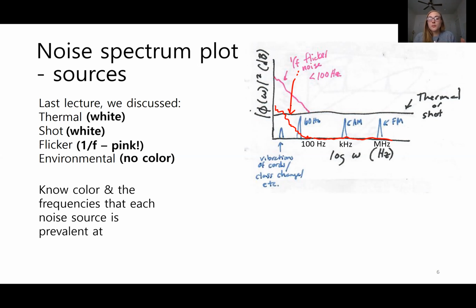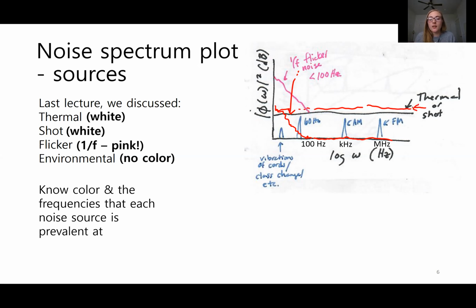So this would be each individual noise plotted on this frequency plot, but then what we can do is add these noise sources together. If you were doing a measurement over this entire frequency range, from 0 hertz to the megahertz range, you can add all these contributions together. You can also say there's a line for shot noise as well.